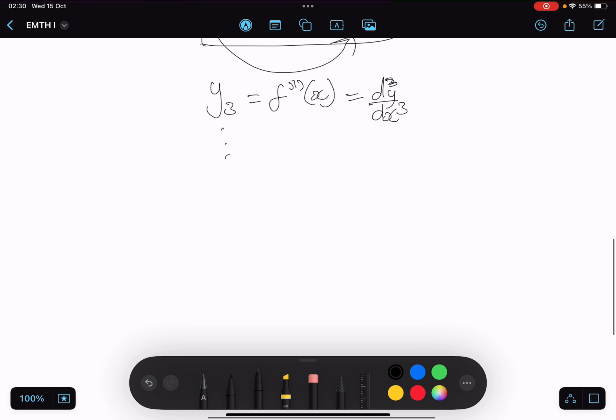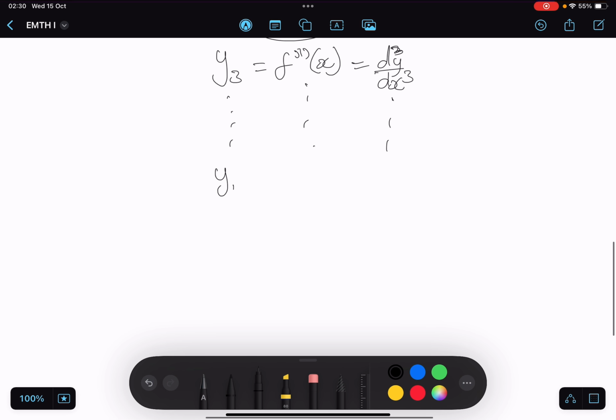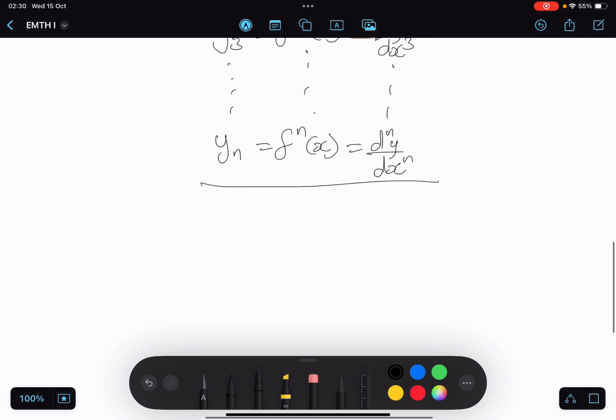And if you continue to differentiate, you can go down to find the nth derivative of the function, which is equal to f^(n)(x), which is equal to dⁿy/dxⁿ. So this is the notation that you're going to use for the nth derivative.